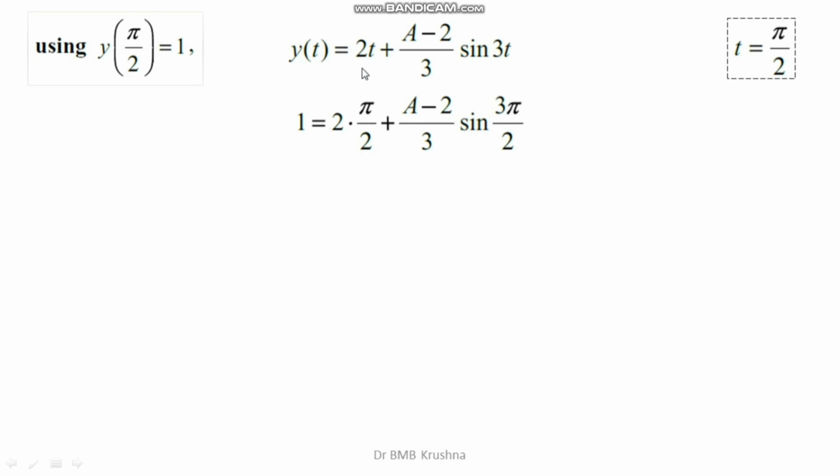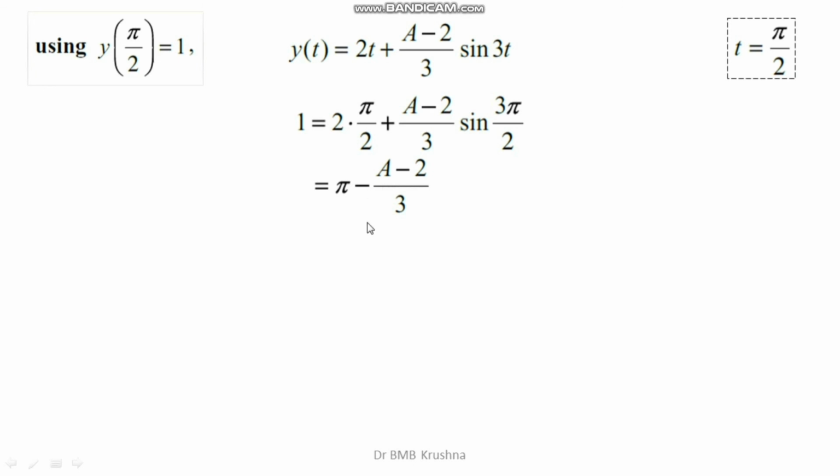2 into t is pi by 2, plus minus 2 by 3 sin 3t where t is pi by 2, that is why we have sin 3 pi by 2. We know that the value of sin 3 pi by 2 is negative 1, that equals, 2 cancels, we get pi, minus 2 by 3 into negative 1 is plus 2 by 3.